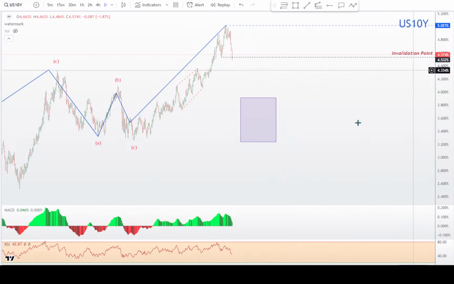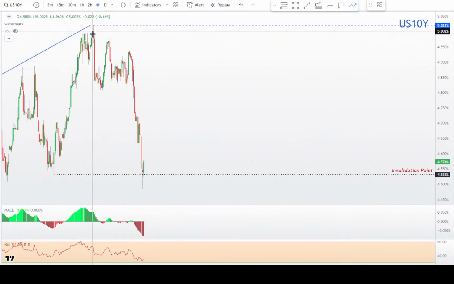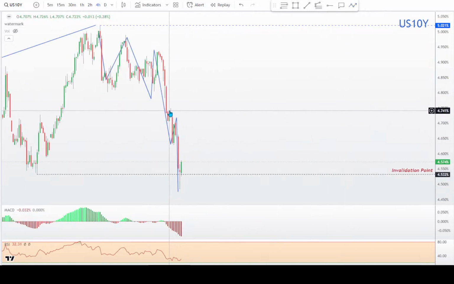Now it's not going to go there in a straight line, but it looks to me like we've got 1, 2, and then like a 1, 2, a 3, 4, and a 5. The only problem, there's this little wave right here that could be 1, 2, 3, 4, 5.